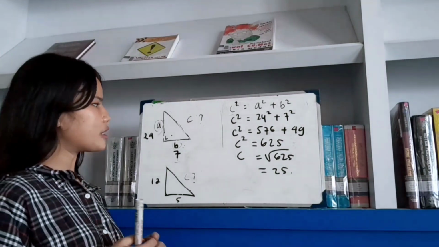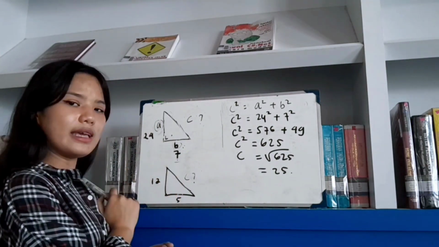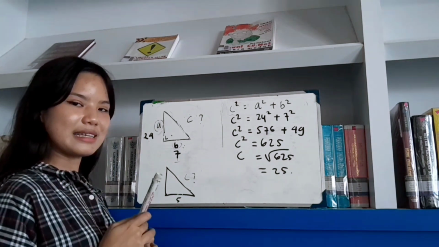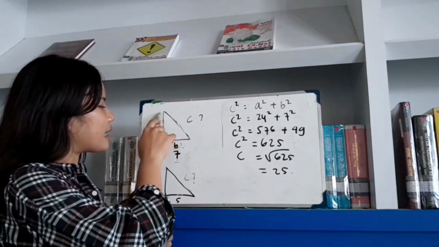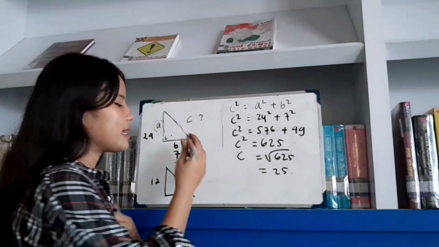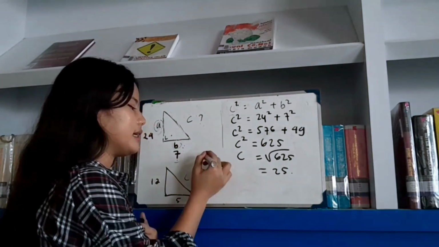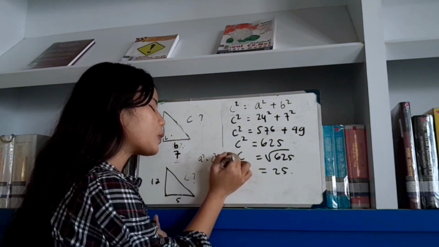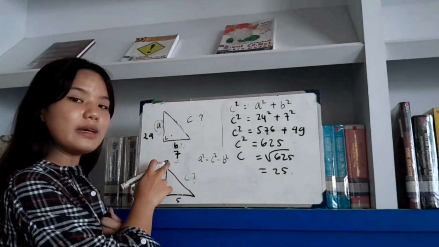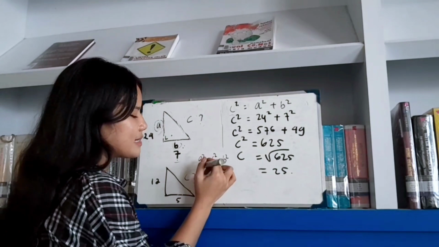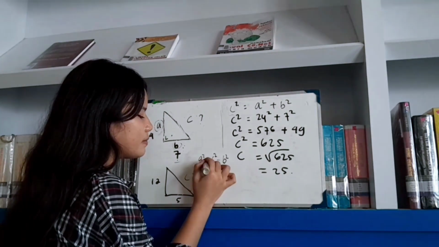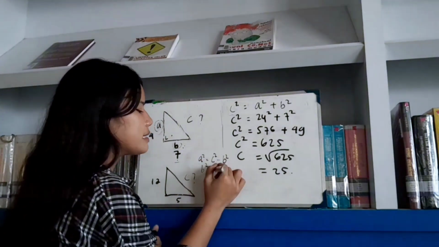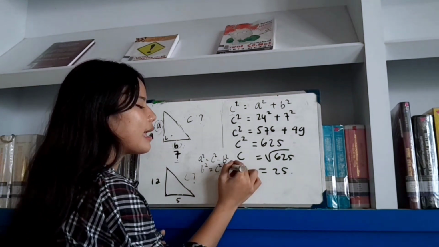Now, what if the question is about side A or side B? It's really easy. If the question is about side A, the formula is A squared is equal to C squared minus B squared. How about B? The formula is B squared is equal to C squared minus A squared.